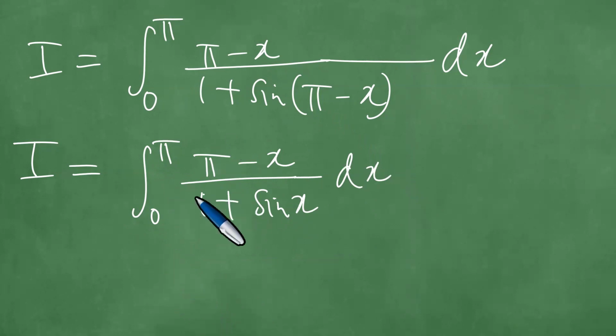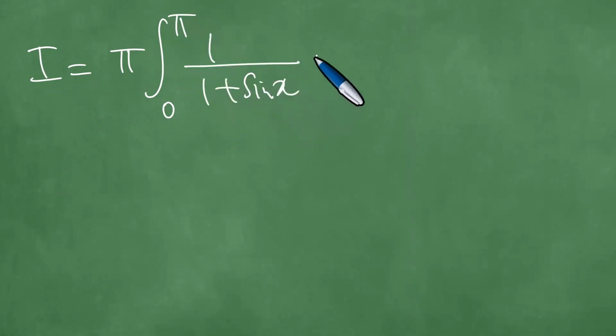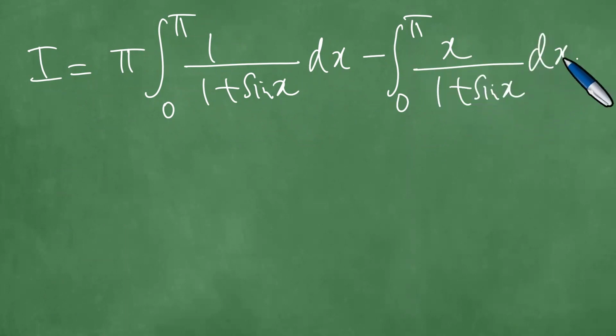We can distribute these things here. By distribution, I equals pi times the integral from 0 to pi of 1 over 1 plus sine x dx minus the integral from 0 to pi of x over 1 plus sine x dx.